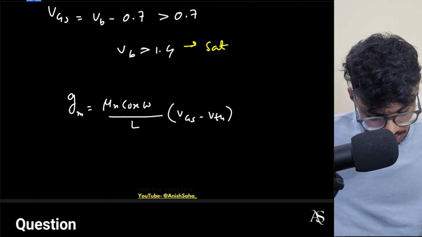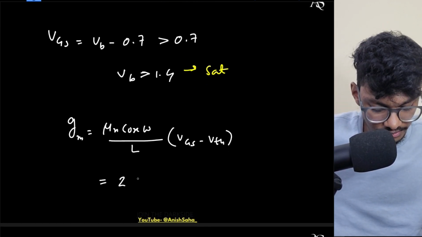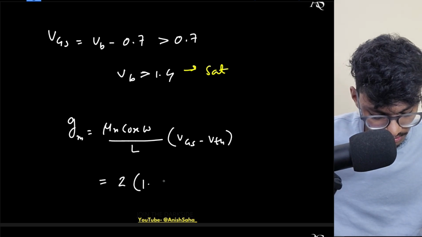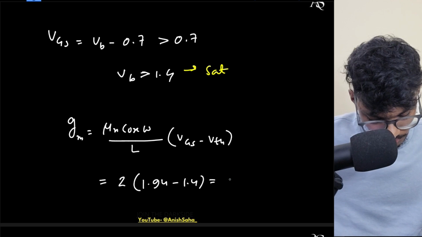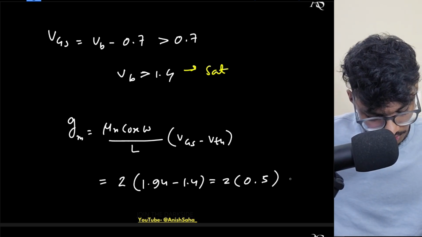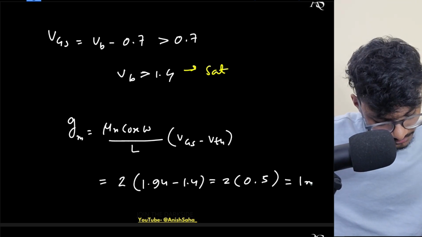I already know mu1 Cox W by L, that is 2 milliamperes, and VGS minus VTH is 1.94 minus 1.4. So this will be 2 into 0.5. Okay, so this will be almost 1. So this is 1 millisiemens.